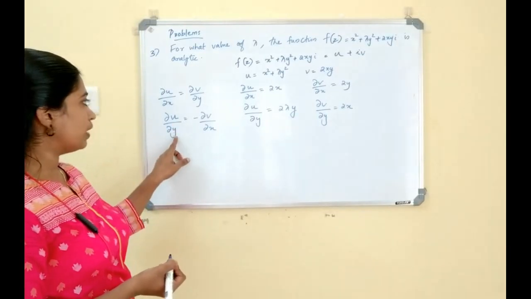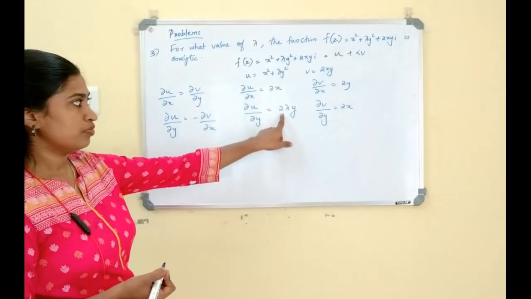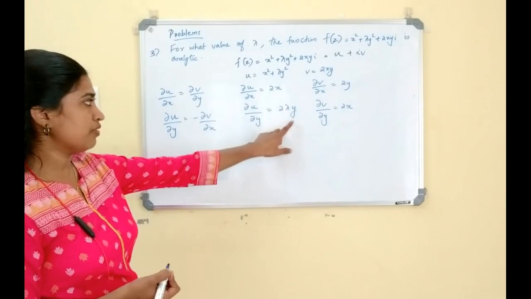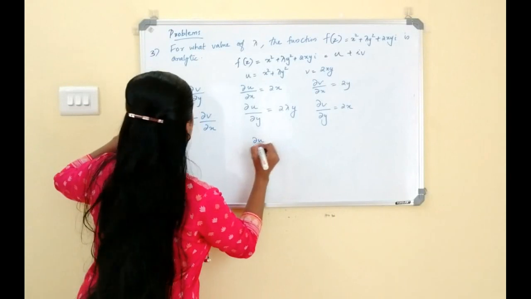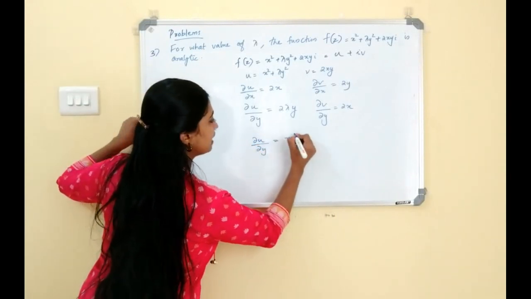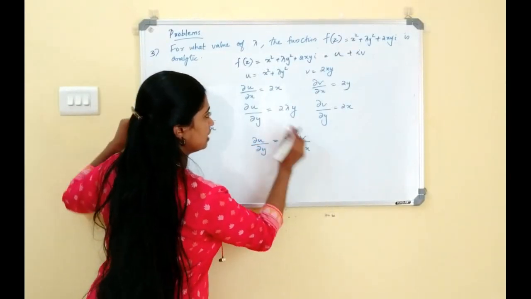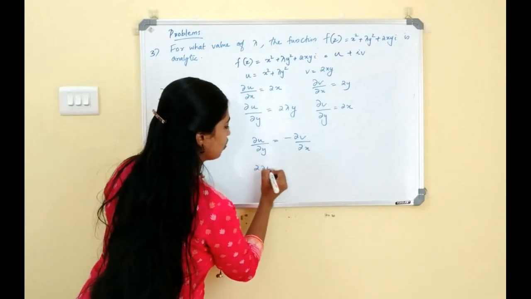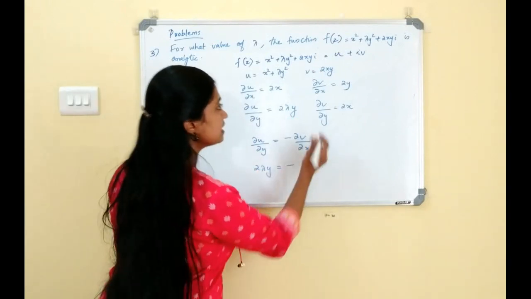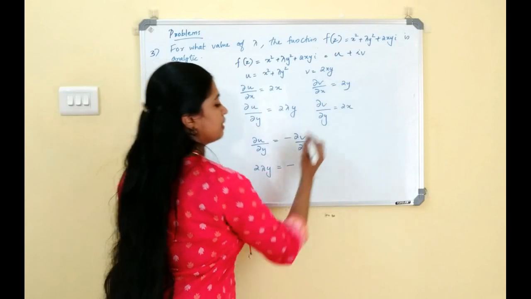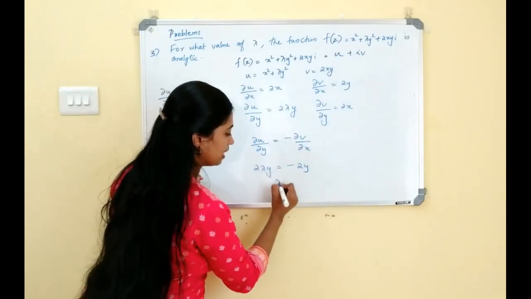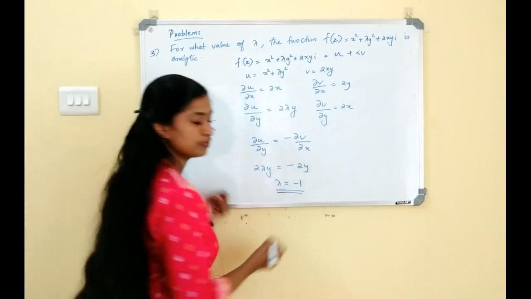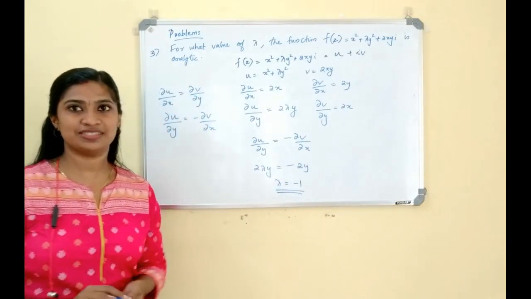Dou u by dou y is where lambda is, that is 2 lambda y. So we have to take this equation. Dou u by dou y is equal to minus dou v by dou x, that is 2 lambda y is equal to minus 2y. 2 and y get cancelled, so lambda is equal to minus 1. Next question.